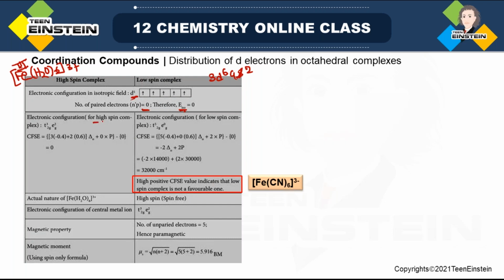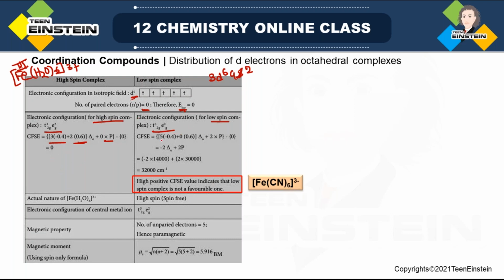When it is high spin, look at the left hand side, it is t2g3 eg2, and when it is low spin, it will be t2g5 eg0. Now the calculation will also be different. See, 3 into minus 0.4, 2 into 0.6, and there is no pairing because it is high spin. So CFSE is 0.